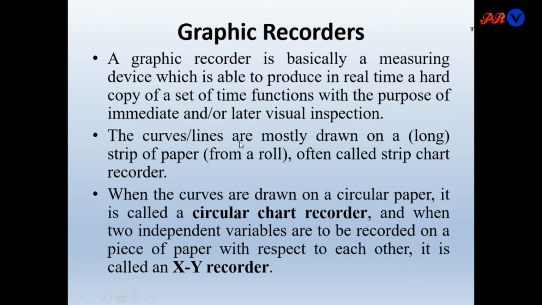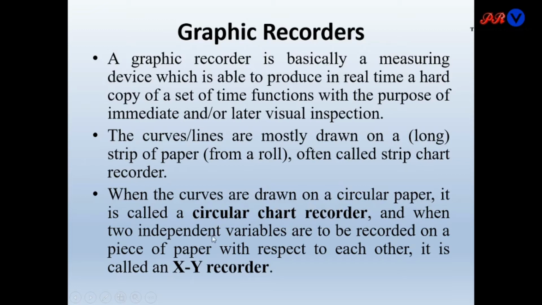The curves or lines are mostly drawn on a long strip of paper. This recording mechanism, which uses curves and lines drawn on the paper, is often called a strip chart recorder. When the curves are drawn on circular paper, it is called a circular chart recorder.